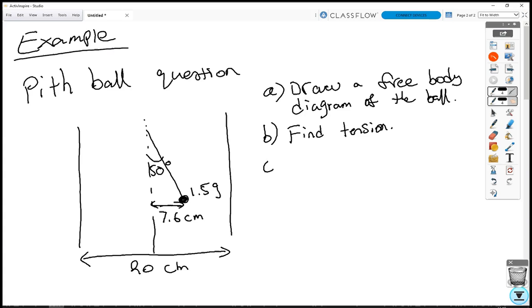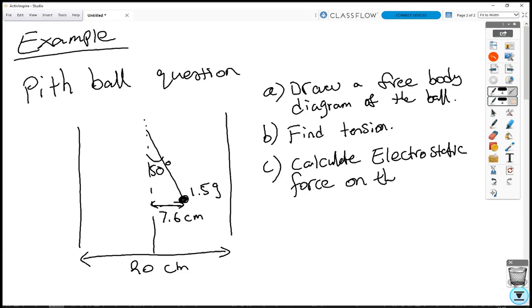Part C, to calculate the electrostatic force on the ball.